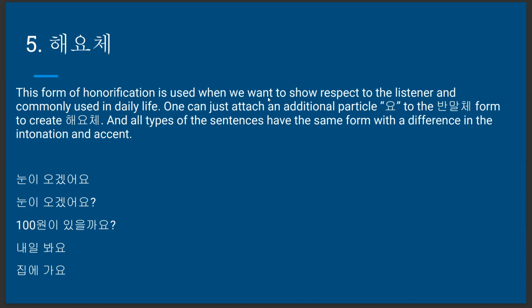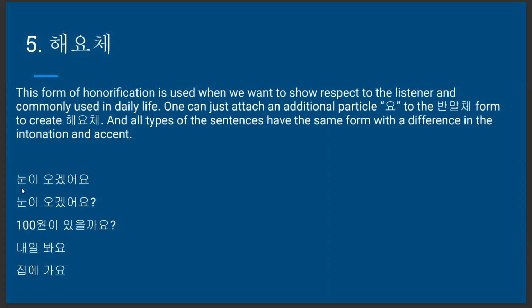And you can attach the particle 요 to the 반말체 to create 해요체. Also you can use the same ending for positive sentences, for questions, for imperative sentences, and for request sentences. But you need to be careful with the intonation and accent.